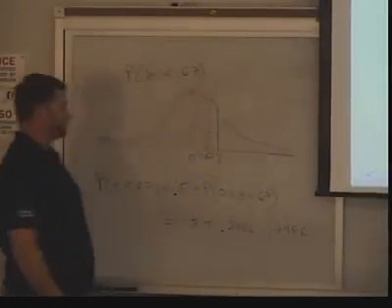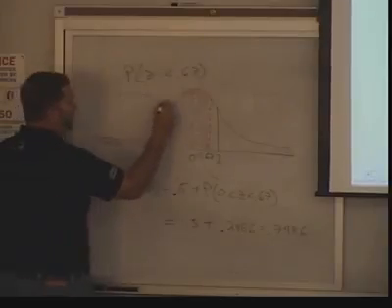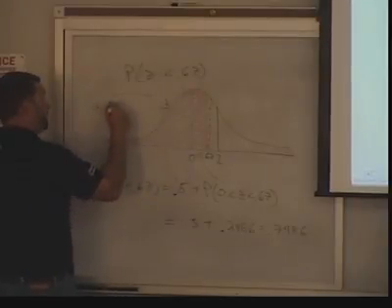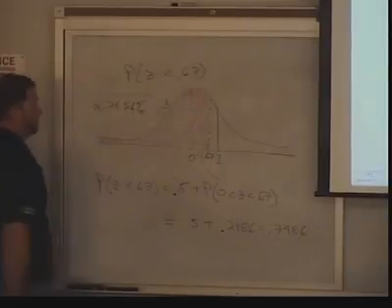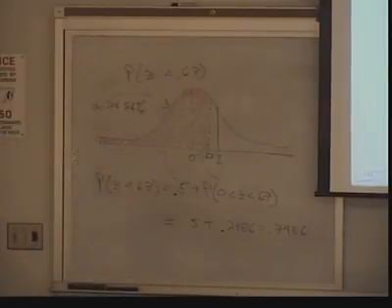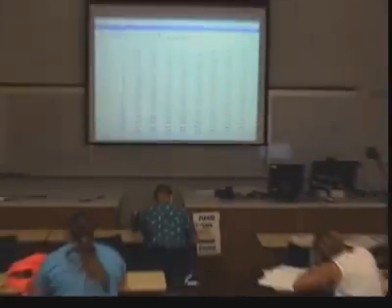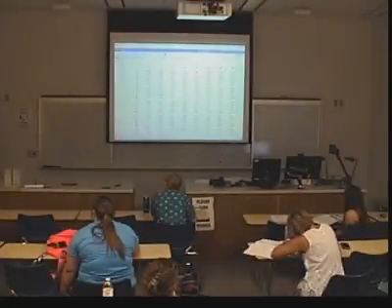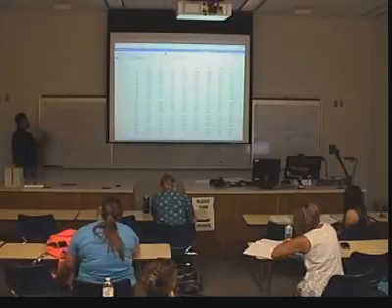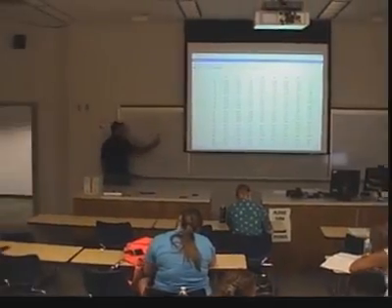0.7486. Or all of this red area is approximately 74.86%. Or basically, 0.67 is basically your upper quartile. That's why we wrote that number. Because remember, your quartiles are 25%, 50%, 75%.